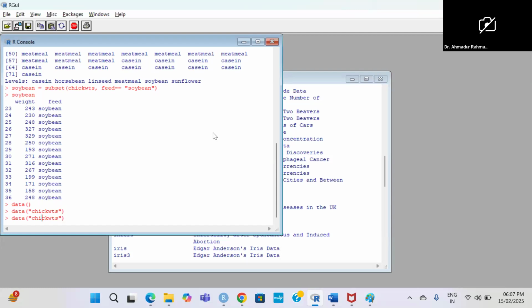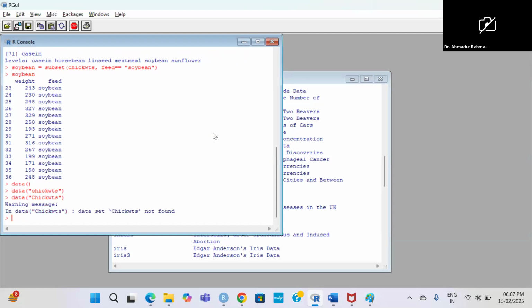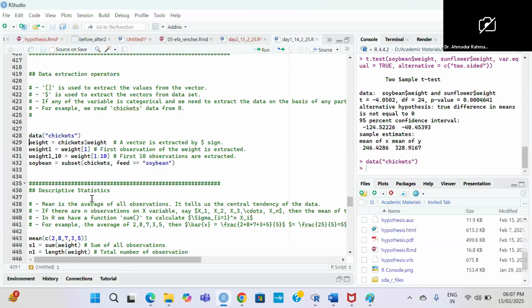Suppose if we write capital C instead of small c and run, see here we are getting the problem: data set chick weights not found. So if the command runs with no error and no warning message, then it is okay. So we read chick weights data from R base and run this.